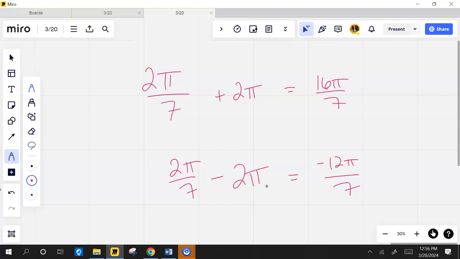What does the math look like when you're calculating? 2 divided by 7, enter, plus 2, enter. Math, enter, enter. Plus 2. Adding 2 pi.